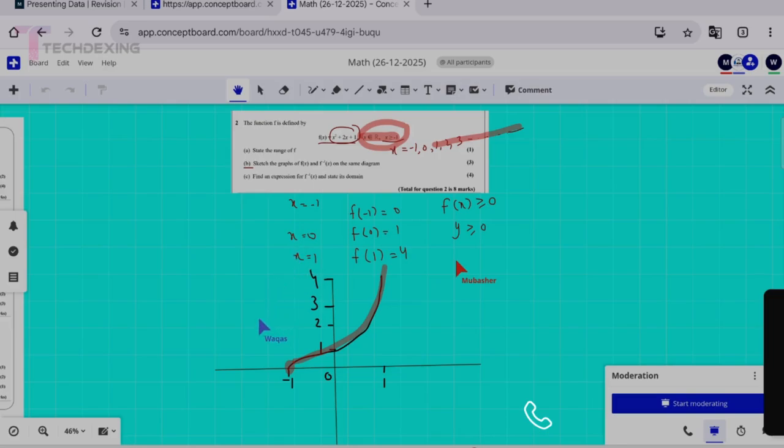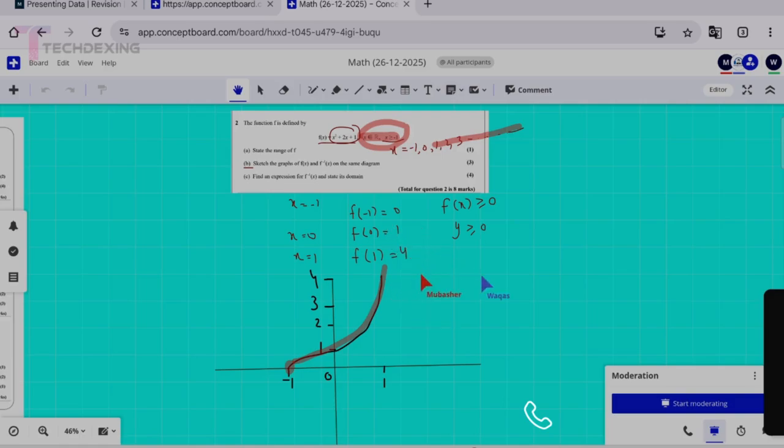When we are going to draw the inverse of the function, because we already know the graph of the original function, you must remember that the domain of the original function will become the range of the inverse function, and the range of the original function will become the domain of the inverse function.